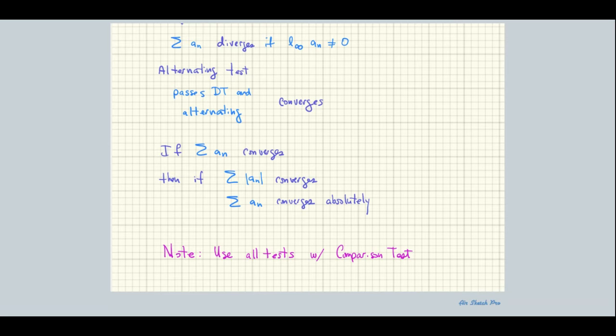You can compare it to a geometric series. It doesn't actually have to be something you can integrate. If you can compare it to something you can integrate, use the regular comparison test. You want to be smaller than something that converges to say that it converges, and you want to be greater than something that diverges if you want to say that it diverges.